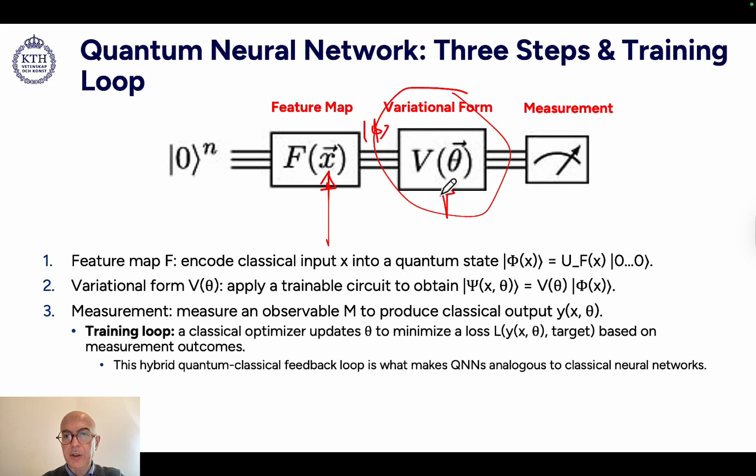The input to this variational form is a stack of theta values, and these correspond to the weights and biases. These are the values that we can change in response to the learning.